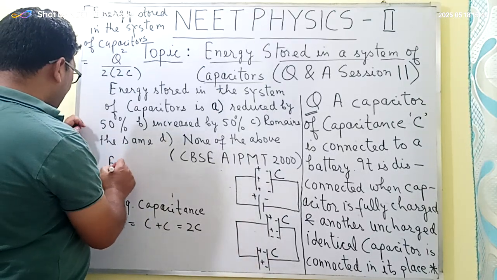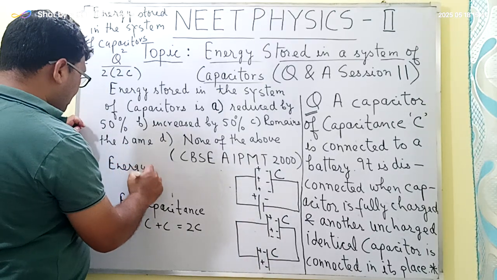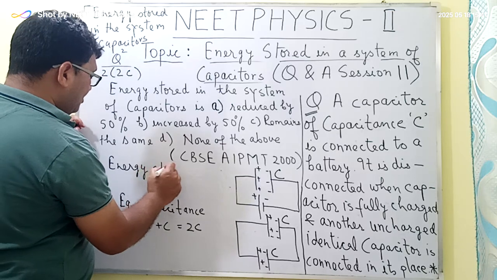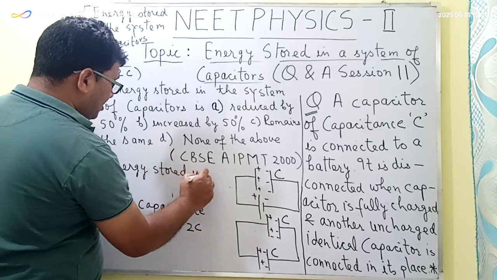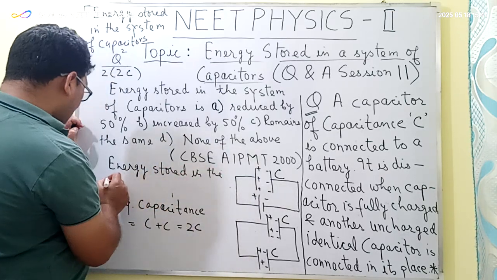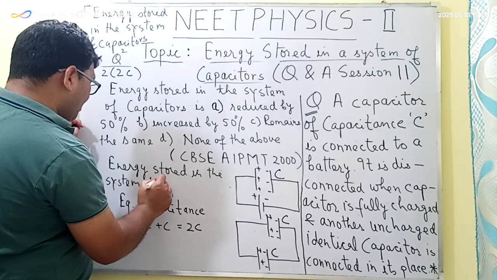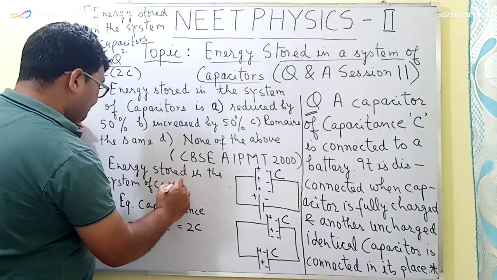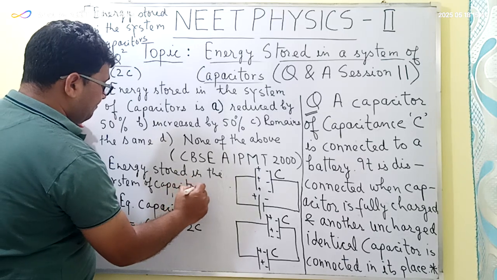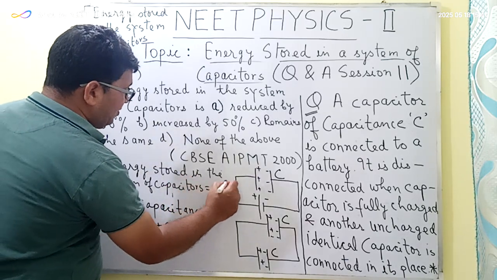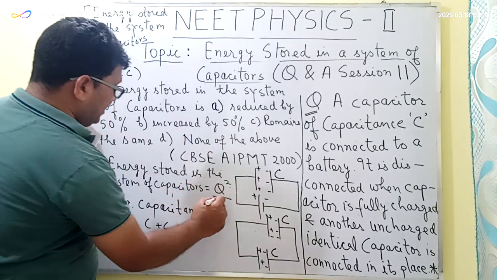So the energy stored in the system of capacitors is equal to Q square upon 4C.